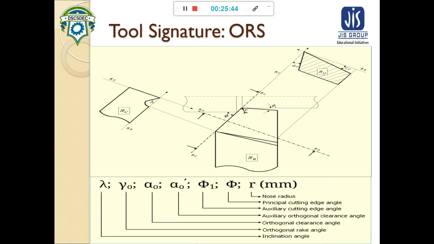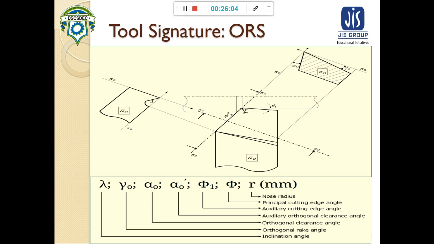Now in case of the ORS system, what will be there? The ORS system is known as the tool reference system. The machining is not required. There are three planes: cutting plane, orthogonal plane, and reference plane.